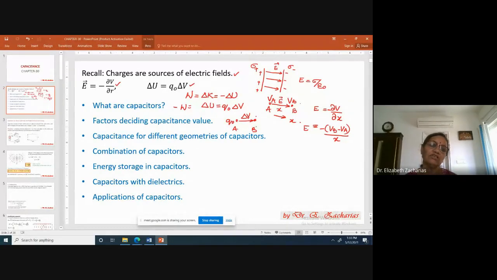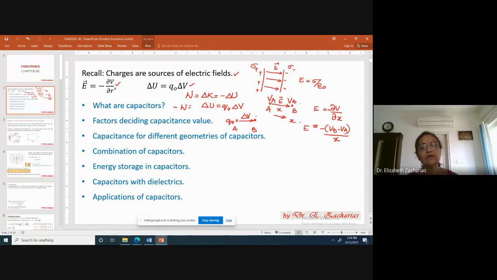Next, what are all the things that we'll see in the chapter? The first thing is, what is a capacitor? Then what are the factors that decide the capacitance value? Then we'll take different geometries of capacitors and arrive at the expressions. Then how do you combine capacitors to get the capacitor value that you desire? Then what is the use of a capacitor? You're going to see that capacitors can be used to store energy.